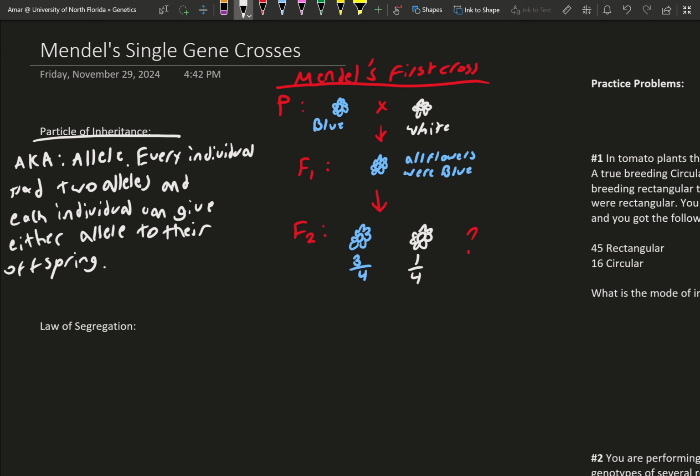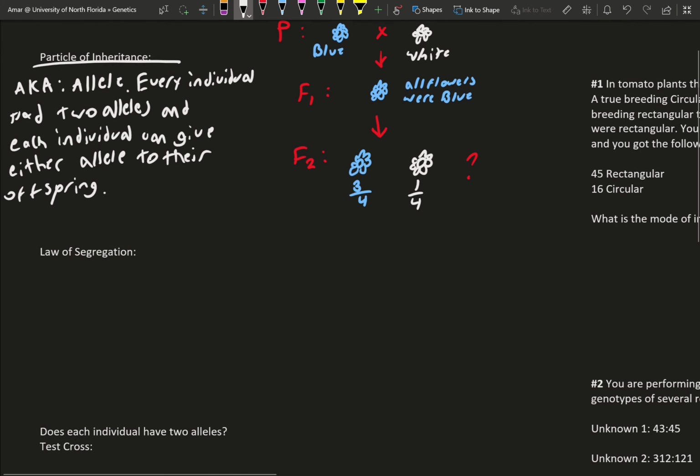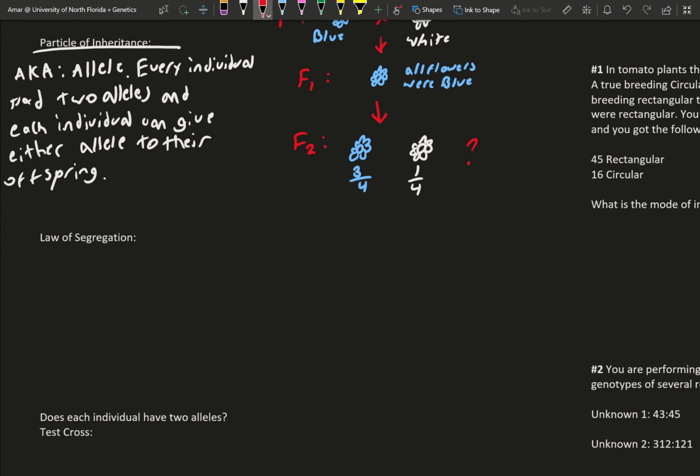This is also referred to as the law of segregation.